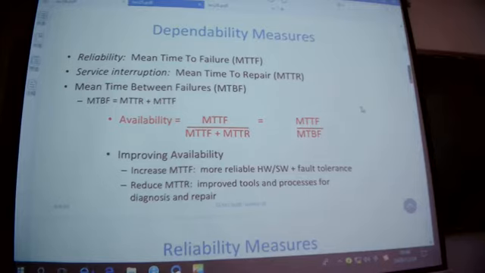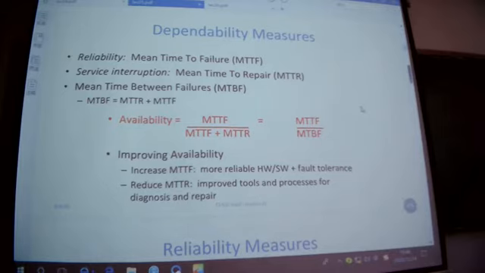Availability equals MTTF divided by MTTF plus MTTR. So if we want to improve availability, we can increase MTTF or reduce MTTR.